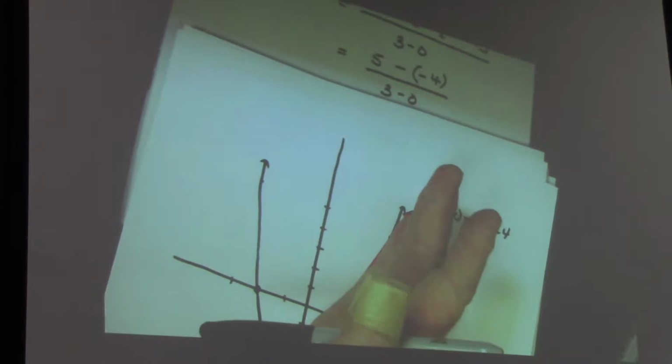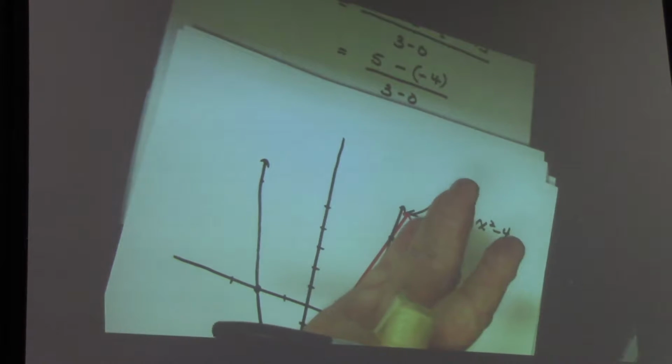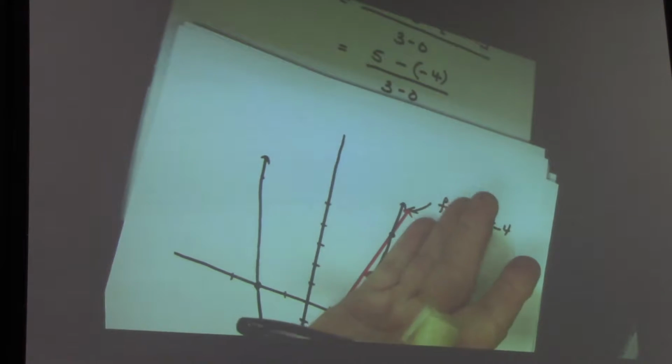alluded to when you want to find a local maximum of a function, to the left of that x value, the graph was increasing, and then to the right of that x value, the function is decreasing. Okay, now we know when we have lines, if a line has a positive slope, then the line itself is what?